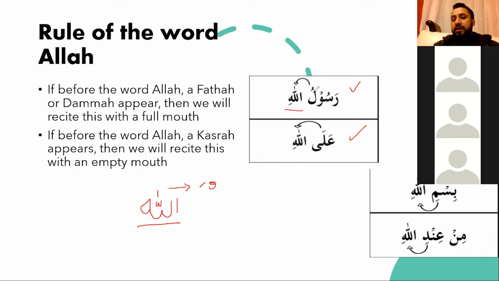It's got a dhamma there. So we're not going to say Rasulullahi, we're going to say Rasulullahi. We're not going to say Alallahi, we're going to say Alallahi, because here's the word Allah, and a fatha has appeared just before the word Allah.